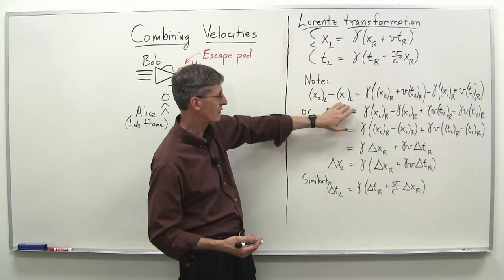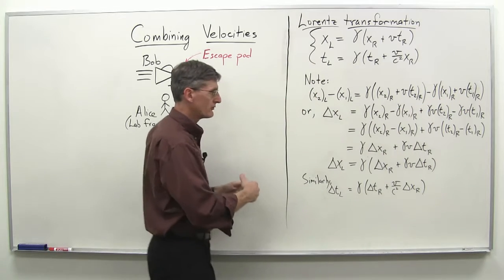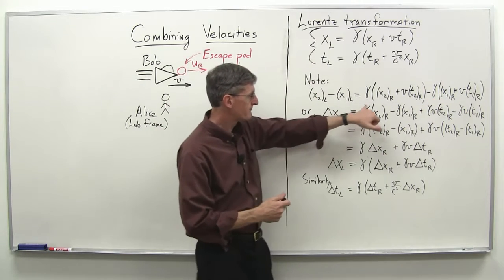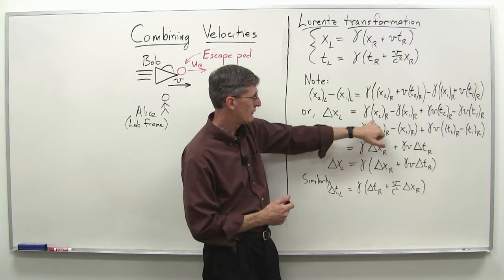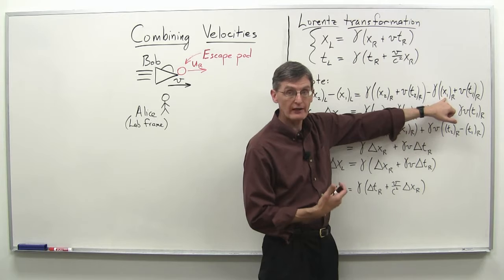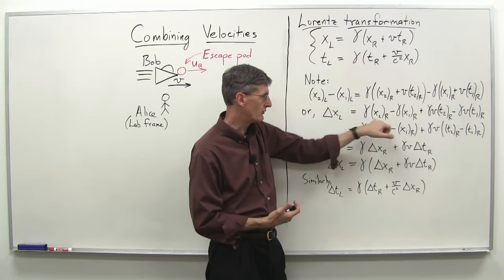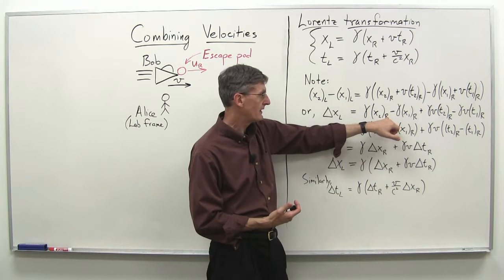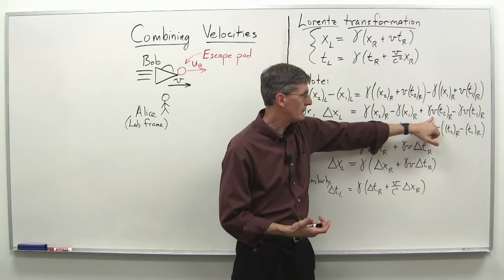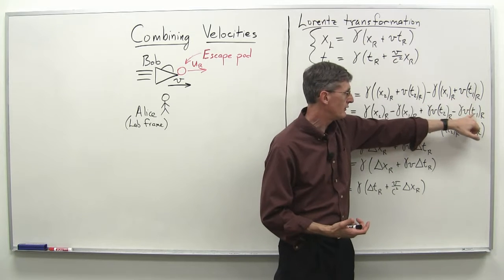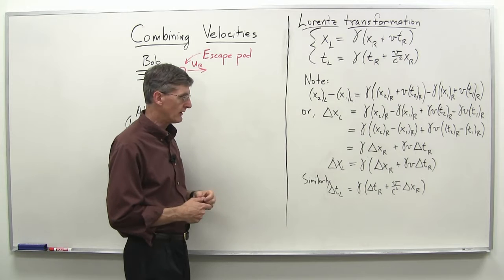We're just working with the x equation, with the x1 and t1. And then we multiplied through by gamma. Then we noted we have minus gamma times x1 sub r, so we brought that over to get the x's together. And then we have gamma v t2 sub r, and minus gamma v t1 sub r, so we put the time coordinates together there.